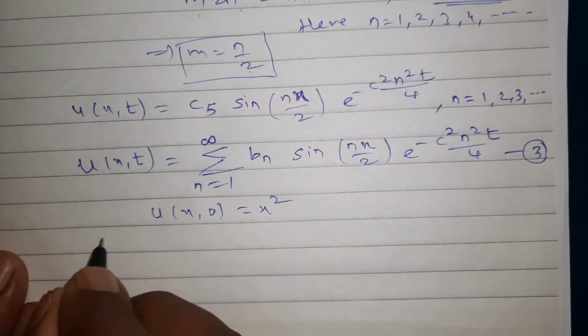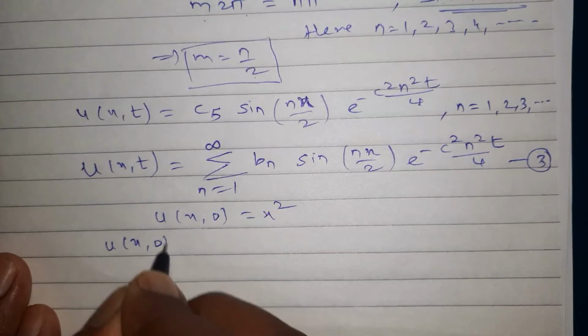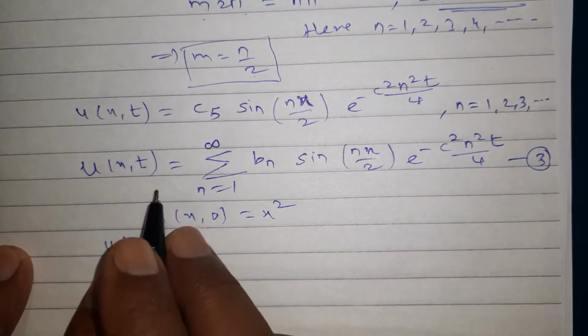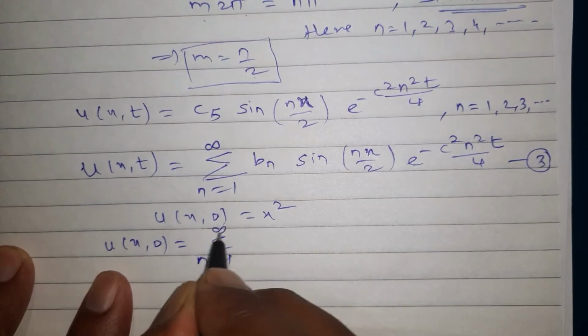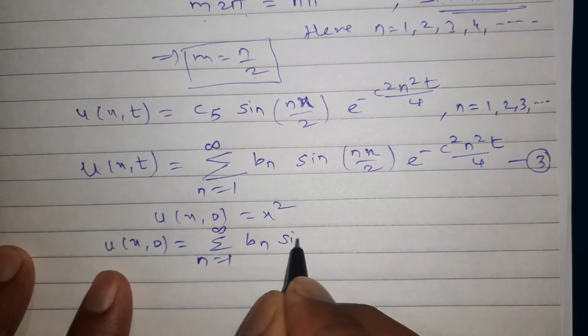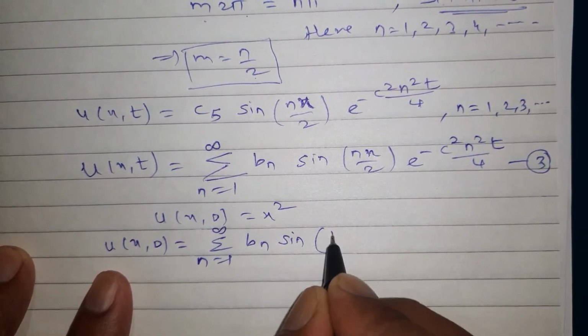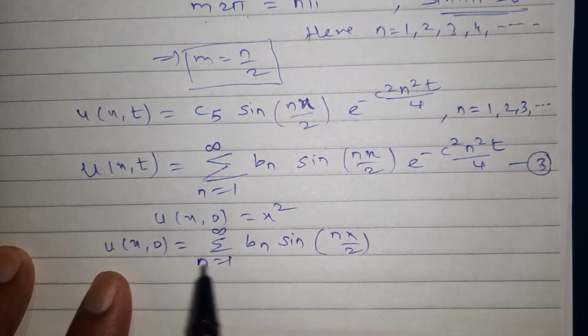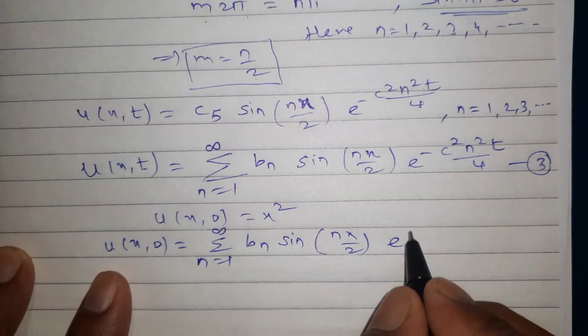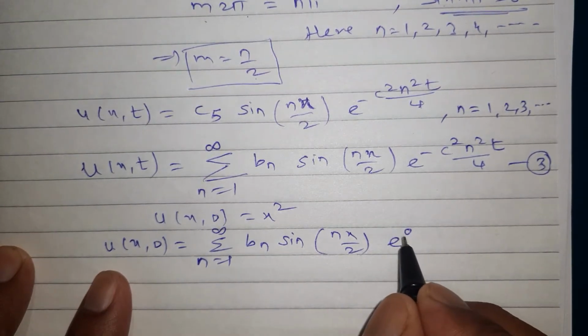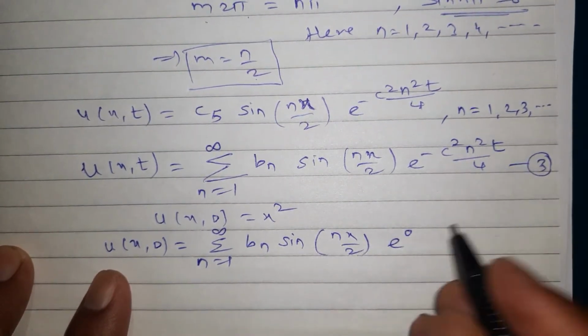I get u of x,0 is equal to, I am putting t equal to 0, summation n equal to 1 to infinity Bn sine nx upon 2, because I am going to put t equal to 0 only. So e raised to 0 is 1.